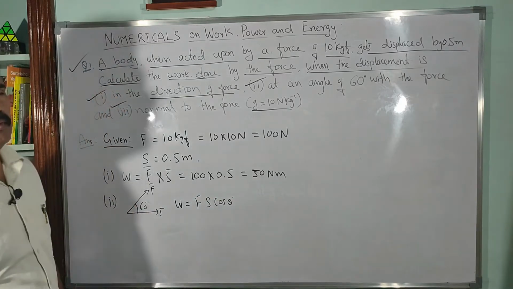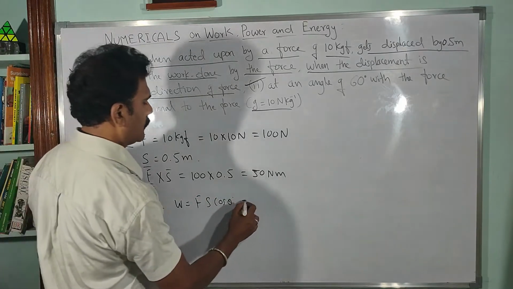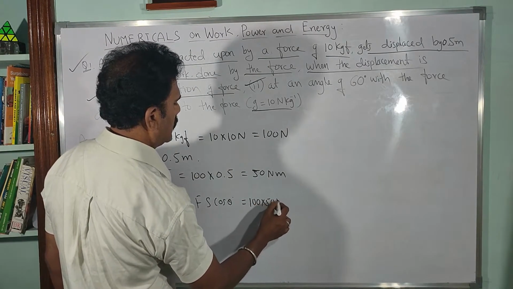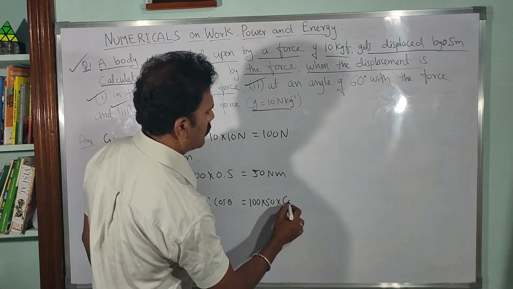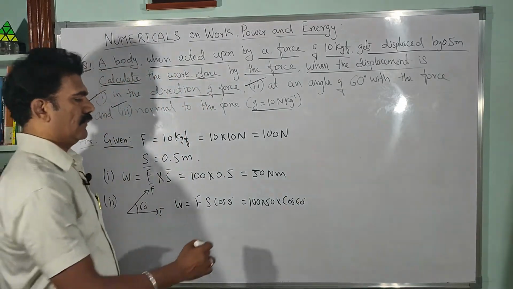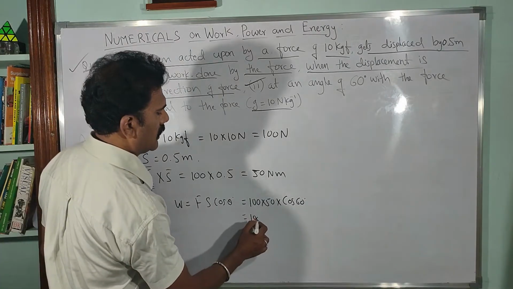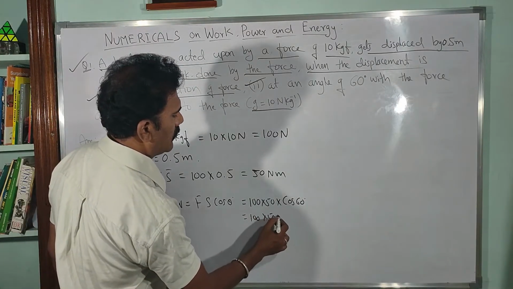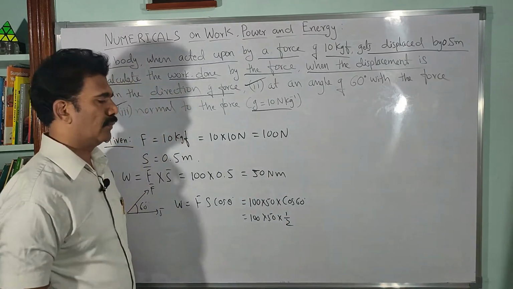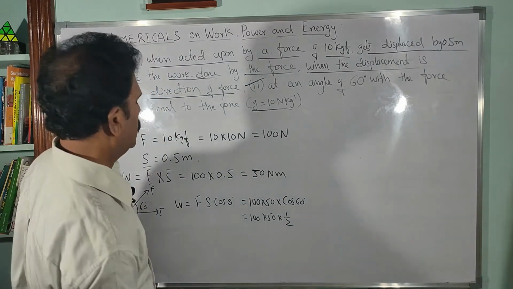Theta is the angle between force and displacement, correct? So we can consider now 100 into 50 again into cos 60 degree. Clear? Now substitute the value of cos 60 degree here. Cos 60 is half, so 1 by 2.